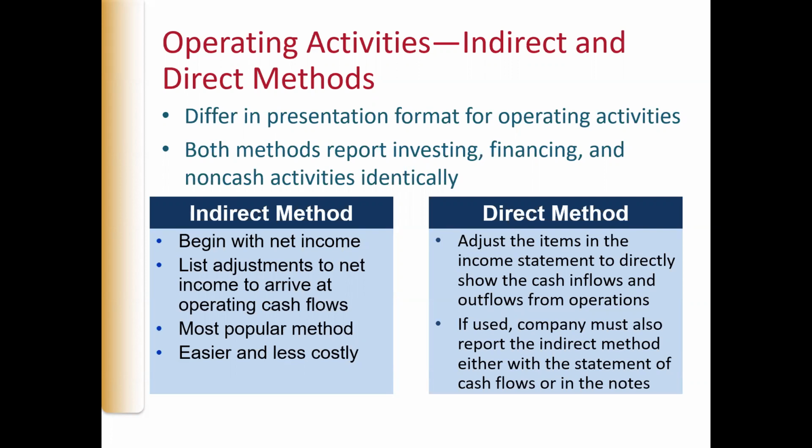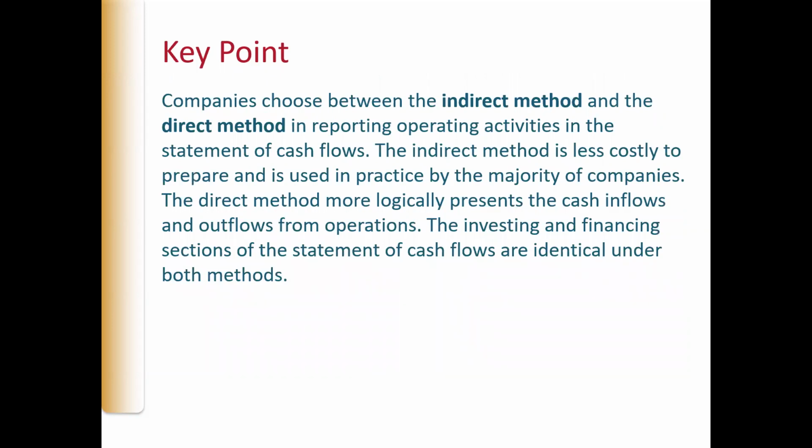The direct method adjusts the items in the income statement to directly show cash inflows and outflows. Most people use the indirect method. Companies choose between the indirect and the direct method. The indirect method is easier to use, cheaper to prepare, and is used in practice with most companies. The direct method's more logical, but either way, the investing and financing sections of the cash flow statement are identical.